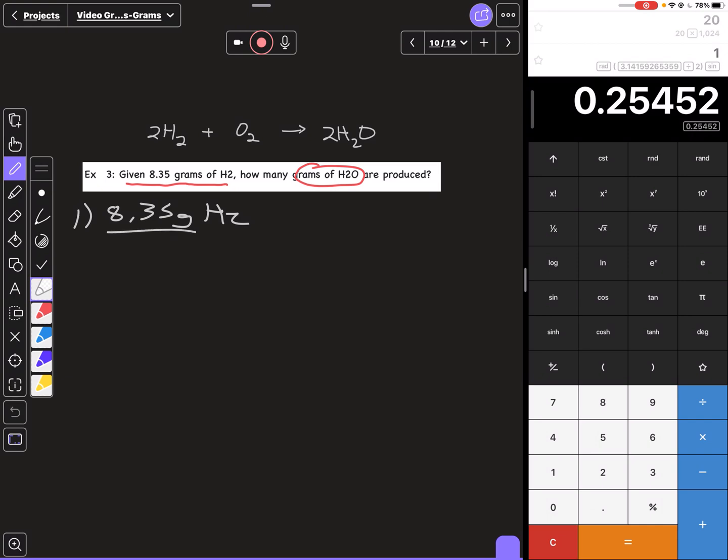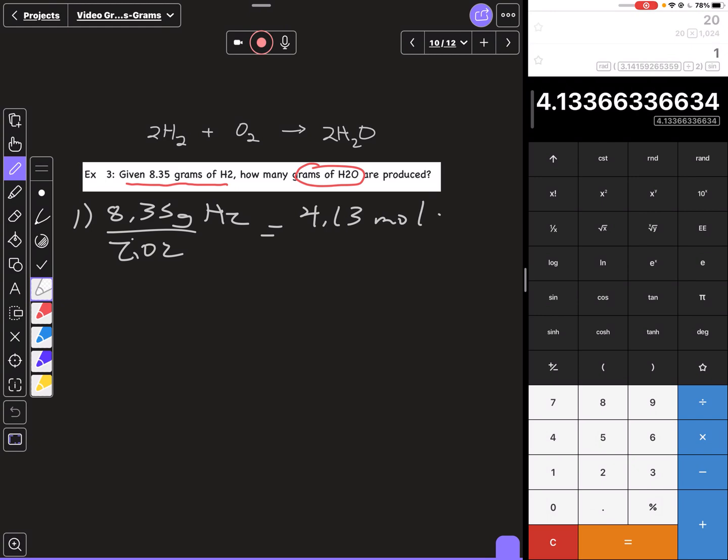I need to convert that to moles by dividing by the molar mass of H2. So 8.35 divided by the molar mass of H2, which is 2.02, and I get 4.13. And that's going to be moles of H2.